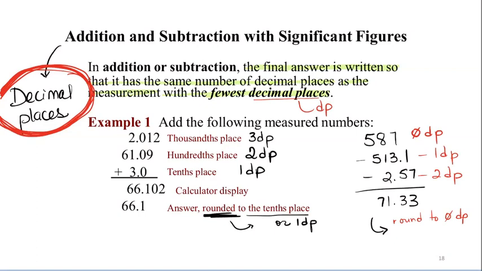No, I'm looking at 500 as having no decimal places. So when I subtract, add, or whatever, there will be no decimal places shown. The rule for addition and subtraction is that we look at decimal places, not at the significant figures in the measurement. Does that make sense?